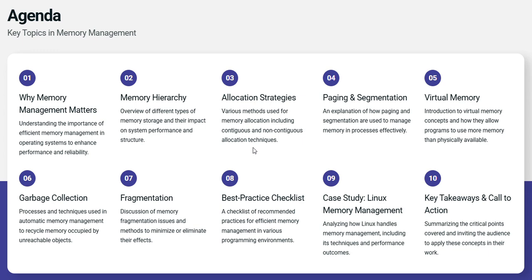Next, we will go deeper into concepts like paging, segmentation, virtual memory, garbage collection, and then we will discuss fragmentation and its types, internal and external, both. Then we will end up with a case study on Linux for this memory management.